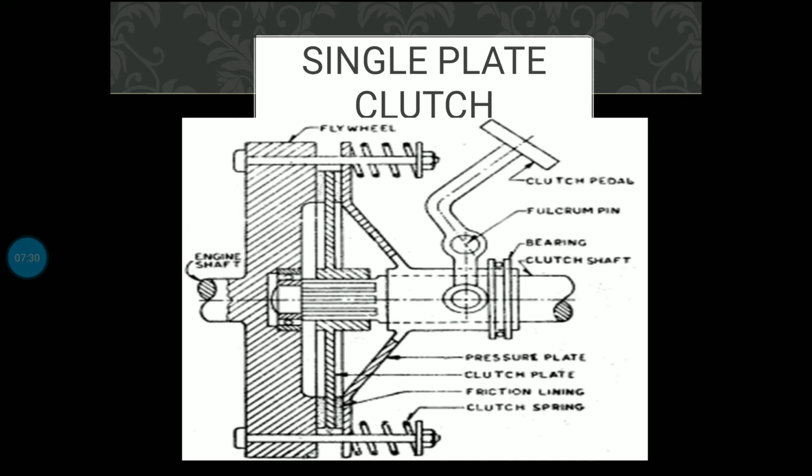Then if I want to change the gear, I will change the gear, then I will release the pedal, so the fulcrum pin will come to the same position, and the clutch shaft will come outside. Then both driver and driven will be connected, and the speed and torque will be transmitted from the driver to the driven.